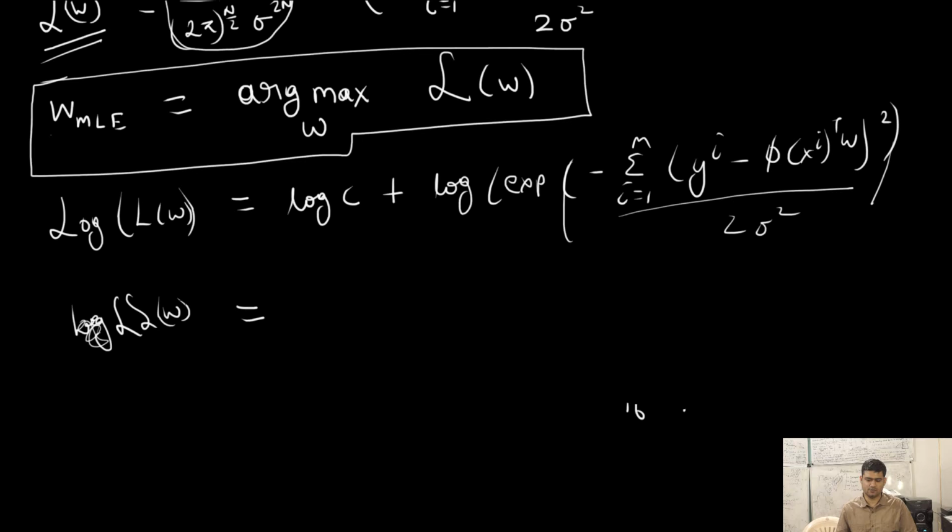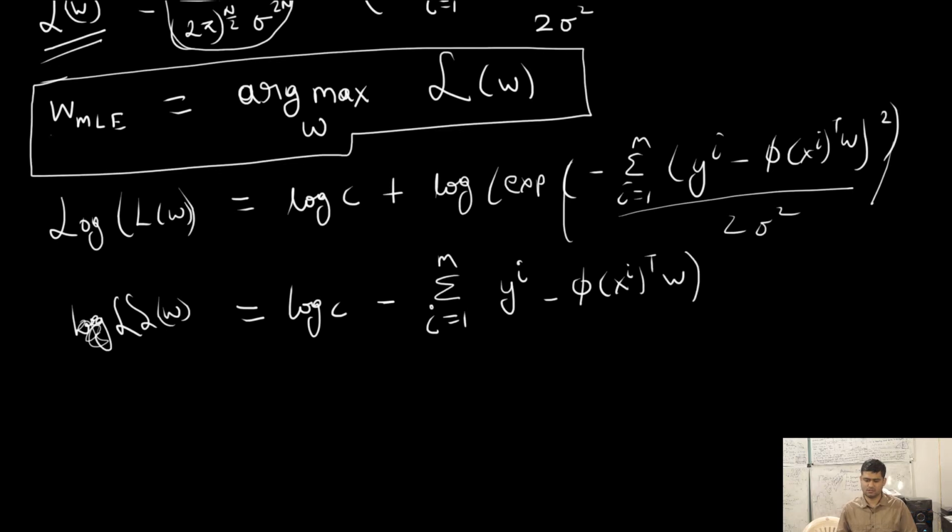So the log likelihood of w is some constant minus the sum from i equal to 1 to n of yi minus phi of xi transpose times w, over 1 over 2 sigma square.